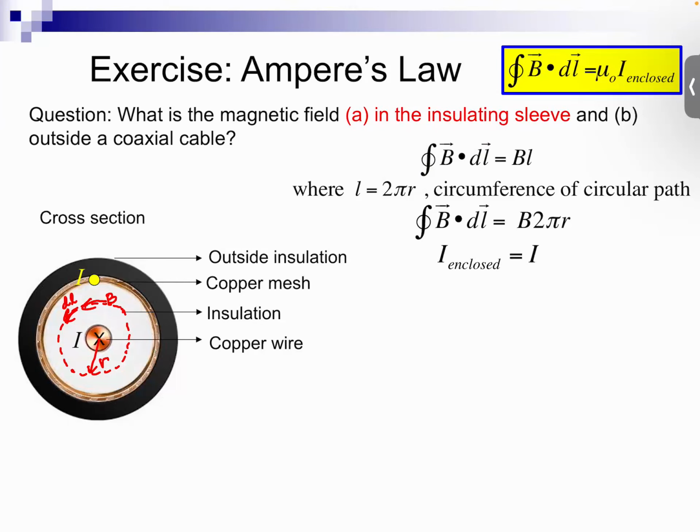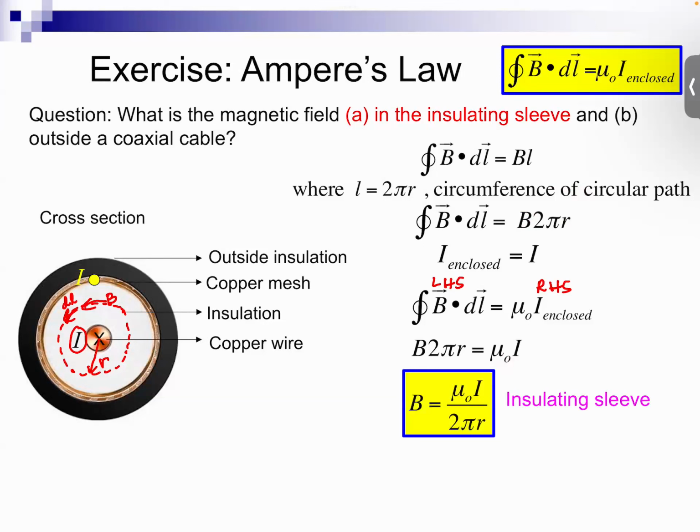Right, for the right-hand side, determine what is the current inside your integration path. You have the current I inside your integration path, so I enclosed is I, right? Left-hand side is equal to right-hand side: B times 2 pi r is equal to mu naught times I. Rearranging that, B is mu naught I over 2 pi r.